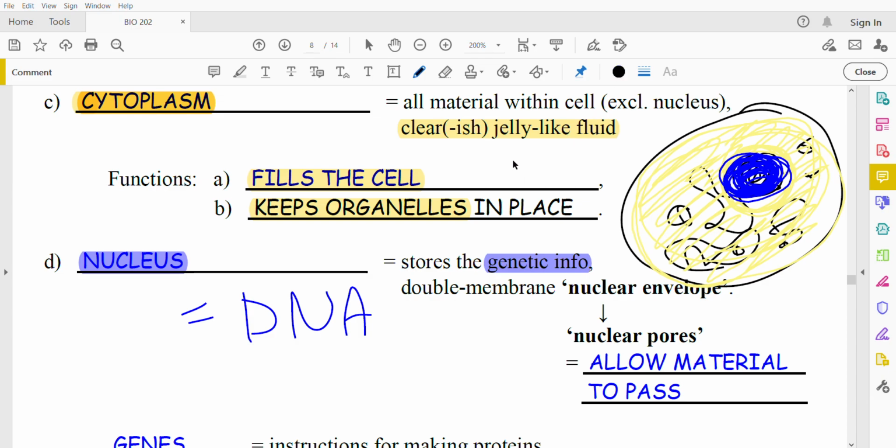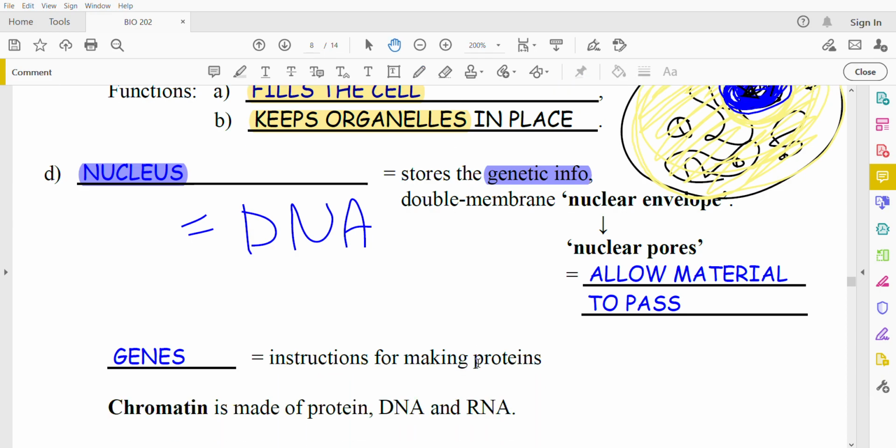So just like other parts, certain things need to get in and other things need to get out. And since it's this double membrane, this was made possible by having these tiny holes known as nuclear pores on the envelope.